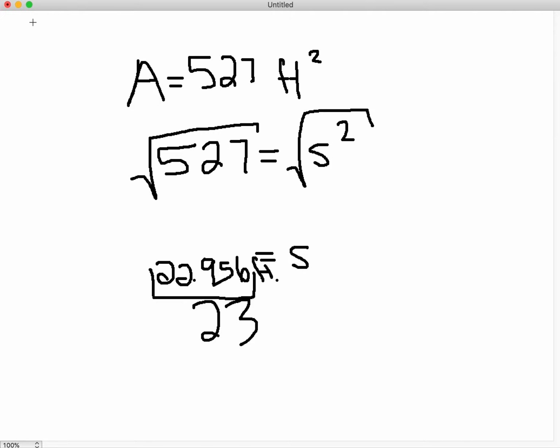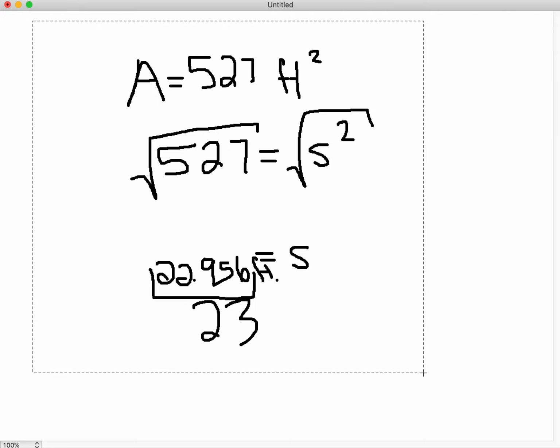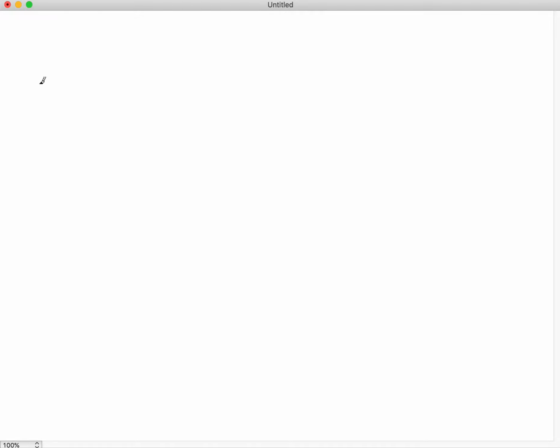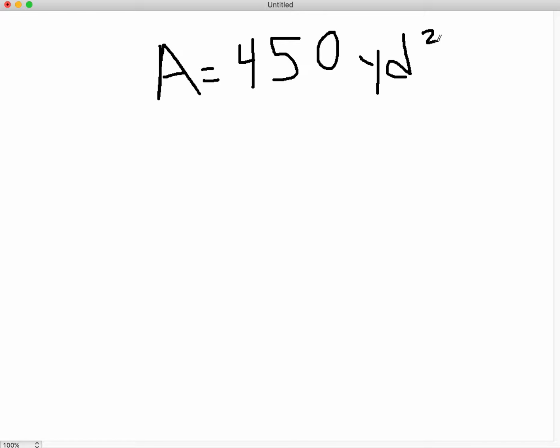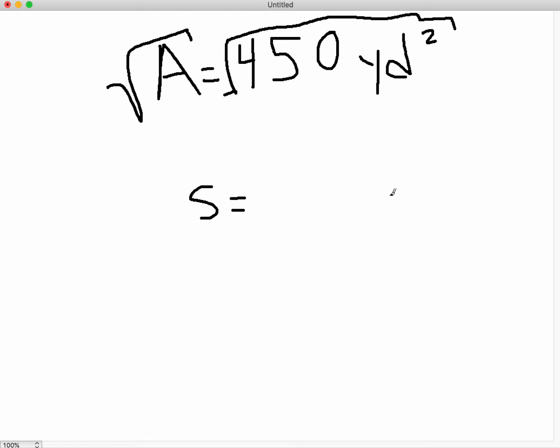Now, real quick, I just want to do one with a different unit. So let's say that the area of something is going to be 450 yards. So I have 450 yards squared. When I take the square root of both sides, because my area is in square yards, my side is going to be in yards.